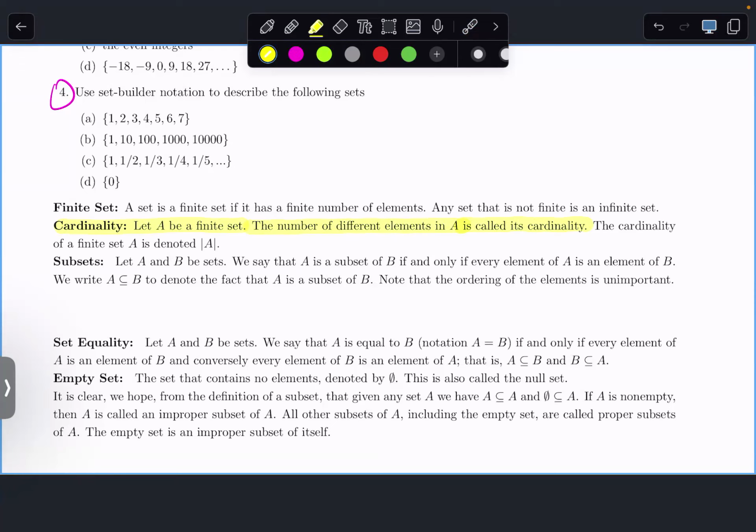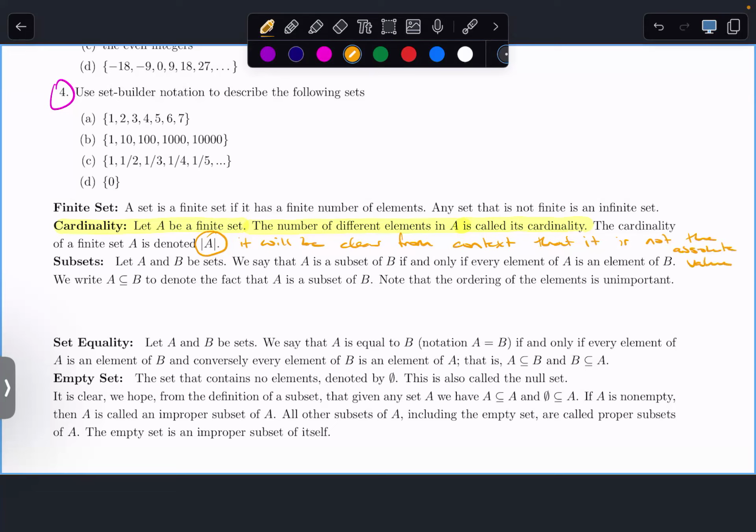Because it's finite, we can count them, so that's nice. We denote it with these vertical bars around a set name. Context will tell you that this is not the absolute value. It looks the same, but it will be clear from context that it is not the absolute value.